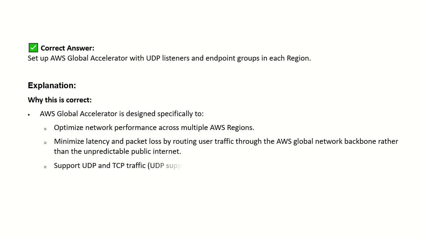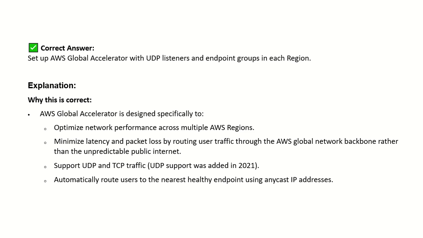And it supports both UDP and TCP traffic, and it automatically routes to the nearest healthy endpoint using anycast IP addresses. So you got the reason why this option is correct.